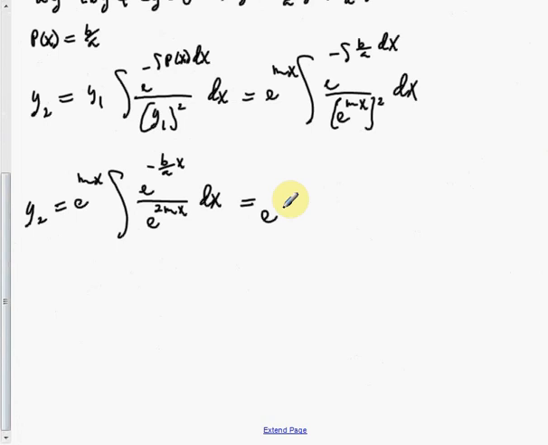Well, this is e to the mx times the integral of e to the negative b over a x. Since they have the same base of e, then I can combine the exponents. So this is minus 2mx dx.